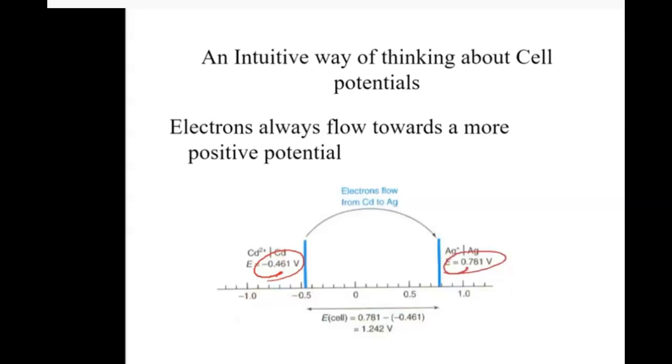So electrons in this particular case will flow from cadmium to silver, and the net potential harnessed in this cell is going to be the positive potential minus the negative potential. So this is 0.781 minus negative, makes it a very positive value of 1.242.